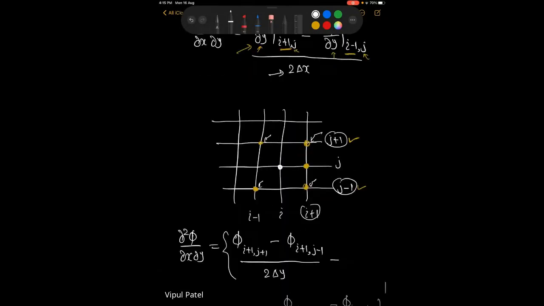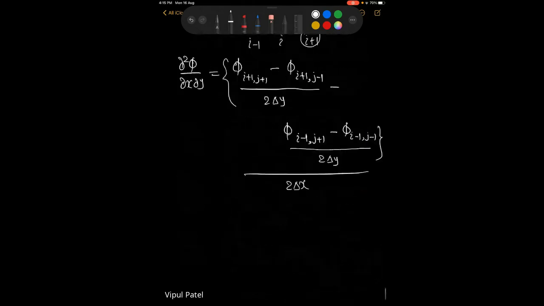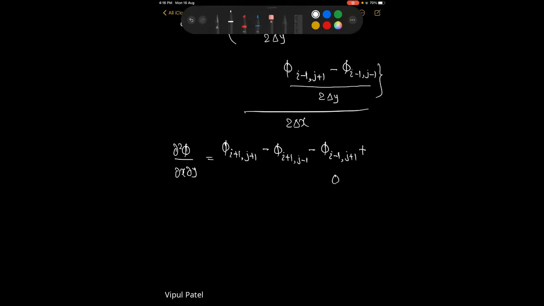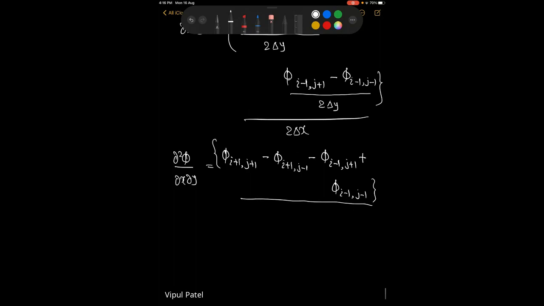Okay, so after putting all this in, you just have to rearrange the terms, and you will get this expression: del square phi by del x del y is equal to phi I plus 1 comma j plus 1 minus phi I plus 1 comma j minus 1 minus phi I minus 1 and j plus 1 plus phi I minus 1 j minus 1, and the whole thing will be divided by 2 delta x and 2 delta y.